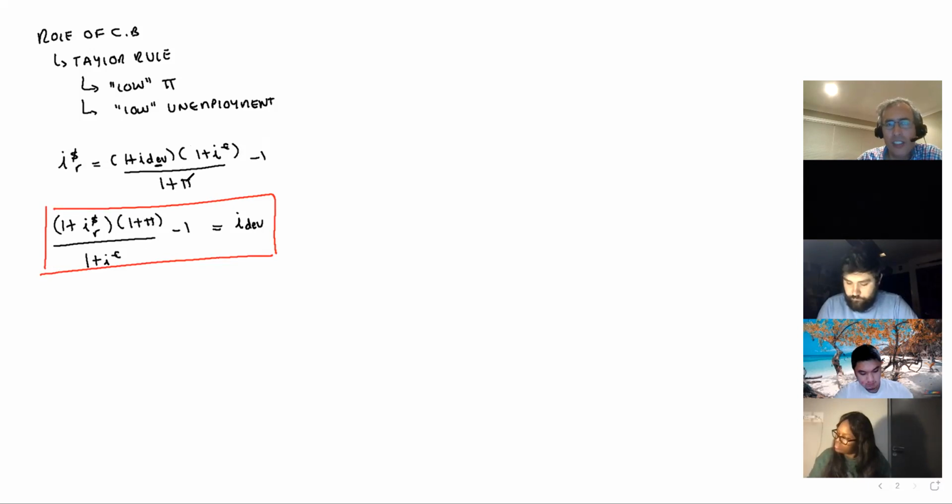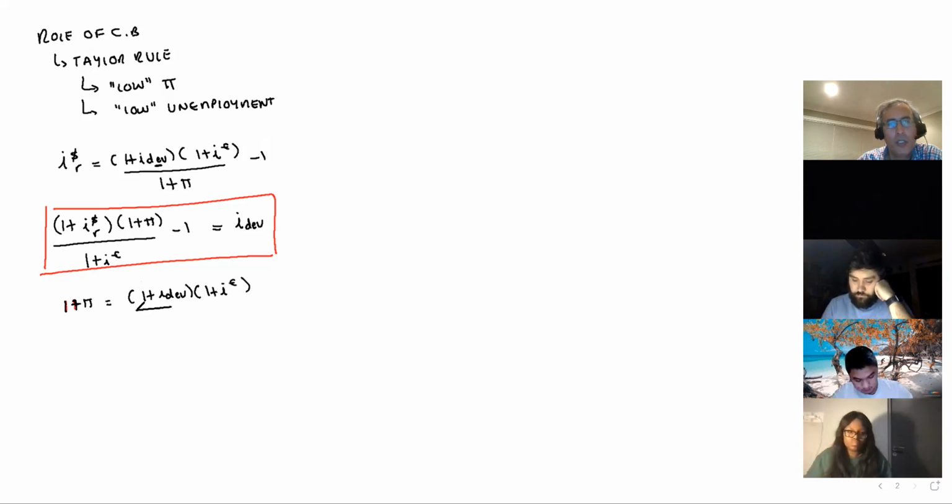And I will write the same now in terms of pi. So 1 plus pi goes up equals (1 plus I dep) times (1 plus I dollars real)... So pi at the end of the day.